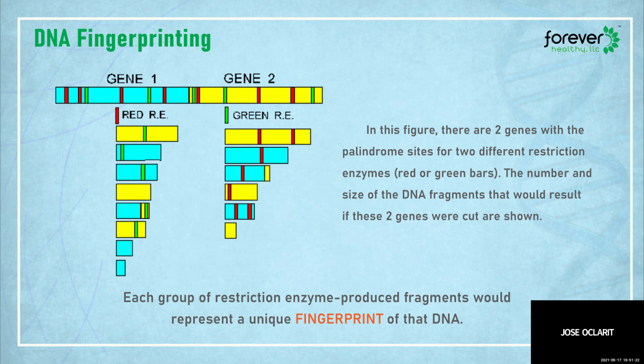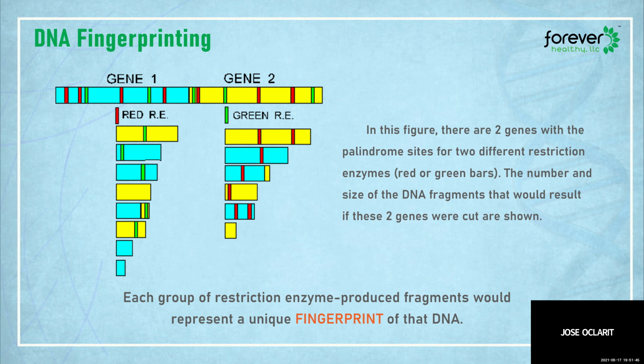If you use the red restriction enzyme, how many fragments do you have? 1, 2, 3, 4, 5, 6, 7, 8 fragments. So in your fingerprint, there are 8 bands.